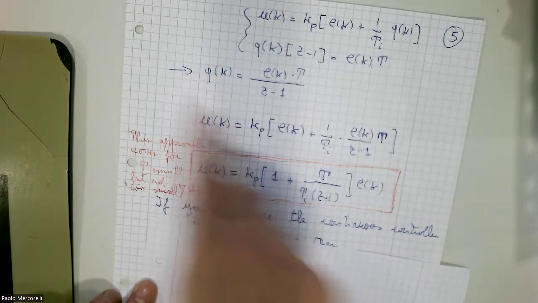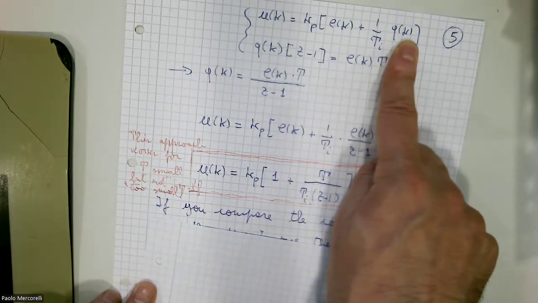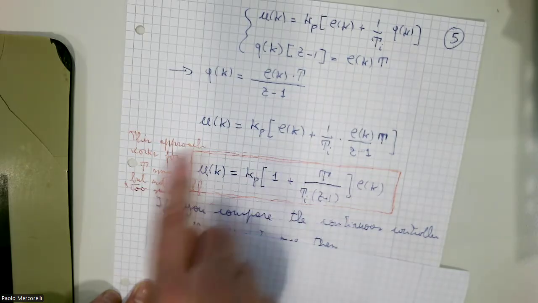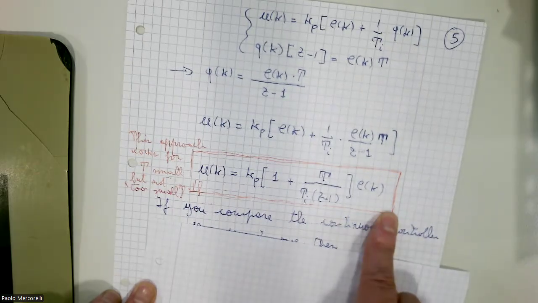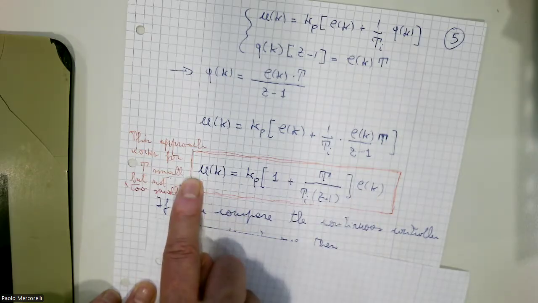Using this, which is a transfer function, and plugging it here, we can easily obtain, let me go a little bit faster, the transfer function between error and output of the controller, or vice versa.